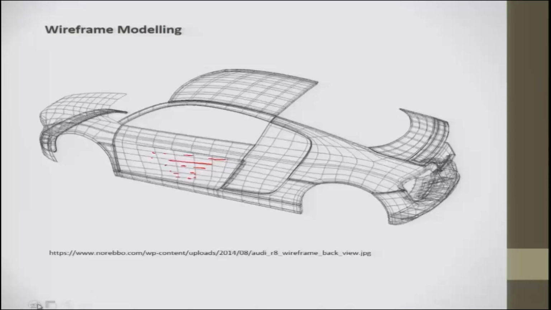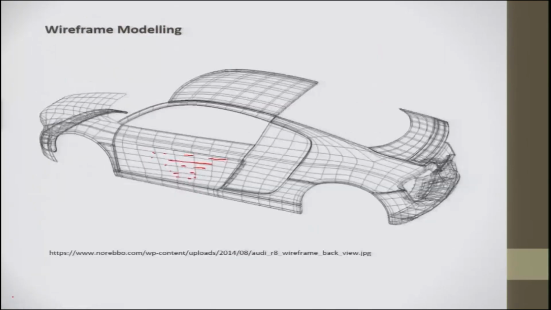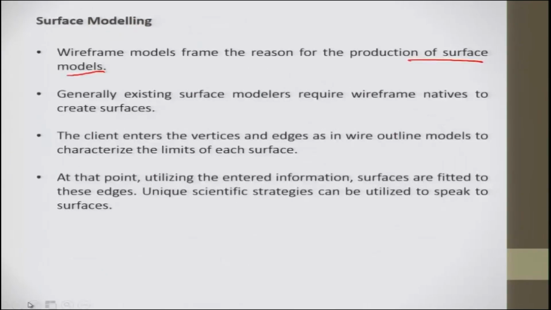So next is surface modeling. Wireframe models form the basis for the creation of surface models, because in wireframe models these wireframes are there, but we do not have information in between about what is there in this surface. So surface models were required. So generally existing surface modelers required wireframe primitives to create surfaces. So these wireframe primitives were required to create the surface.